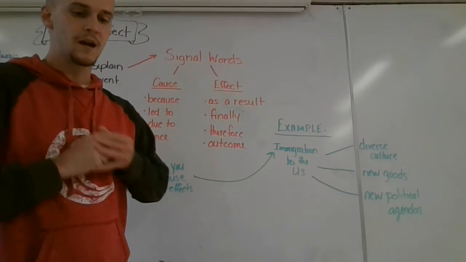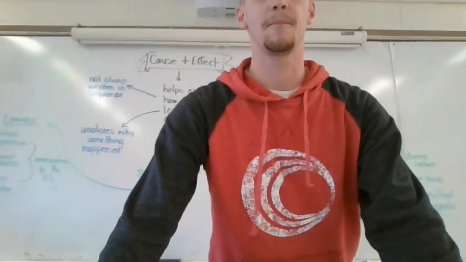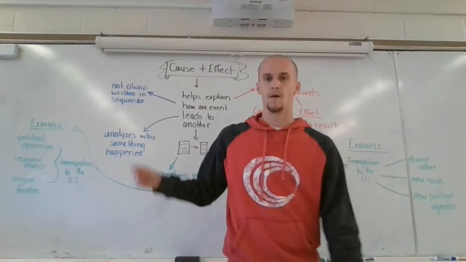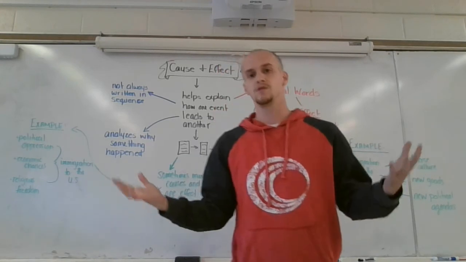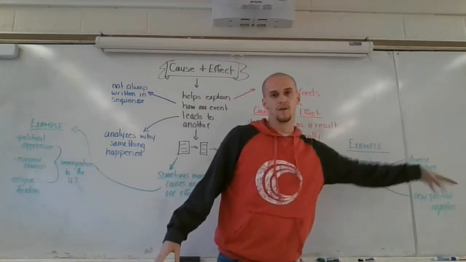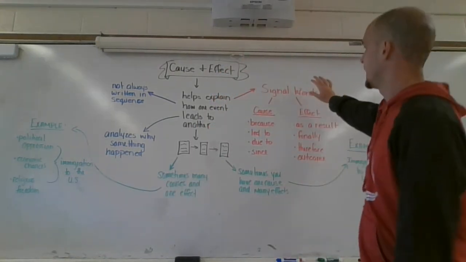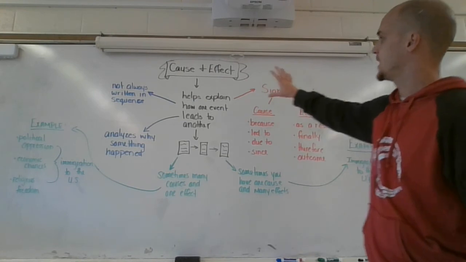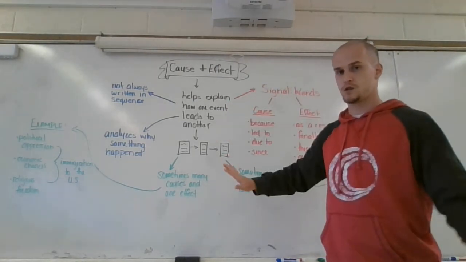All right, so again, that's one of those things that makes cause and effect a little bit difficult. On top of not necessarily always being written in sequence and in the correct order, sometimes you see that there's not equal causes to effects. There's maybe one with a lot of the other. But here we've identified the signal words. We know why an author uses the cause and effects text structure.